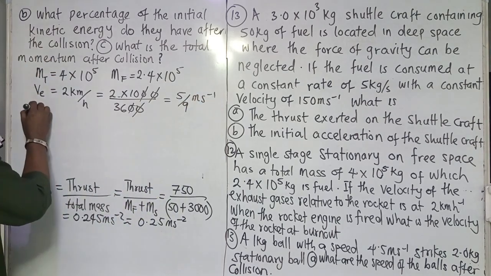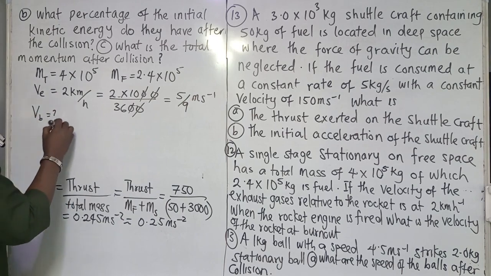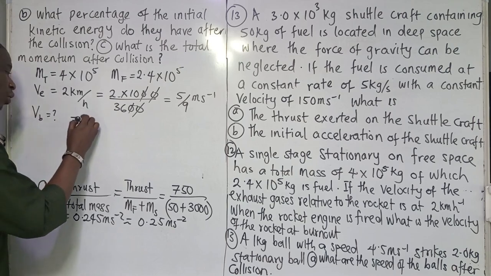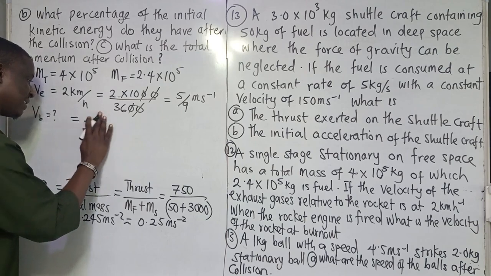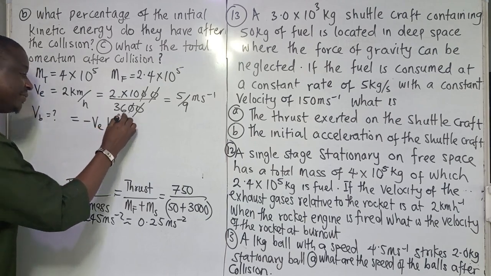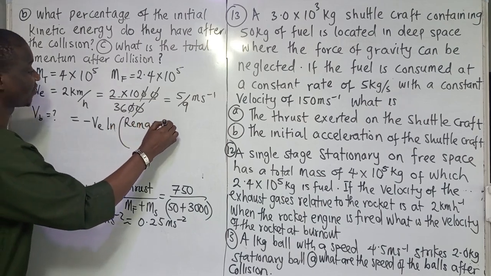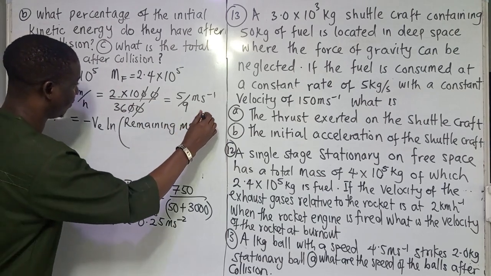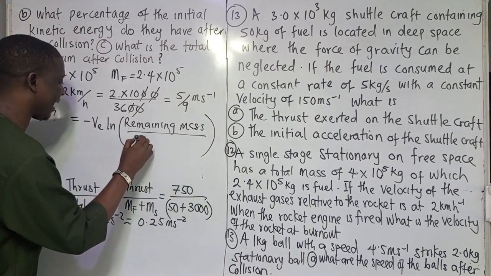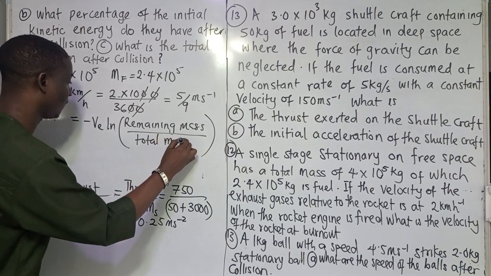Okay, what about the burnout velocity? Unknown. So the burnout velocity, we don't know it, and it has a formula of minus VE ln of the remaining mass over the total mass.